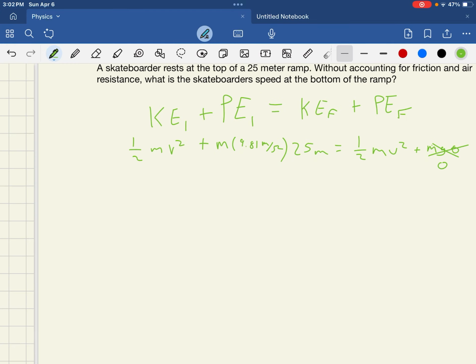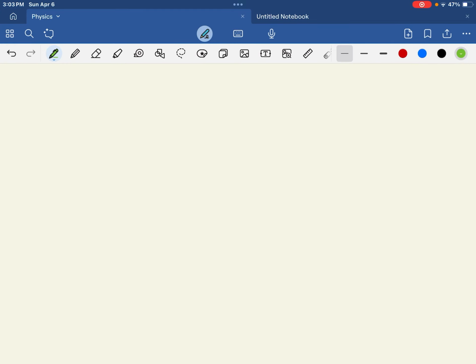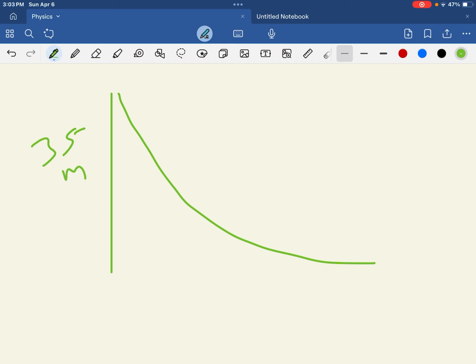So what this would look like is you have a skateboarder sitting at the top of a ramp, 25 meters high. So you've got a person sitting up here.